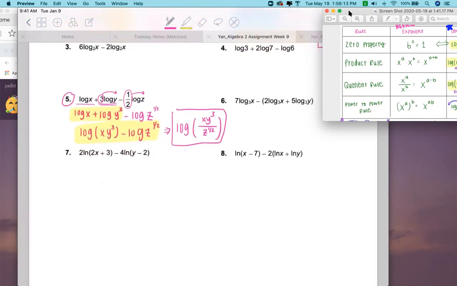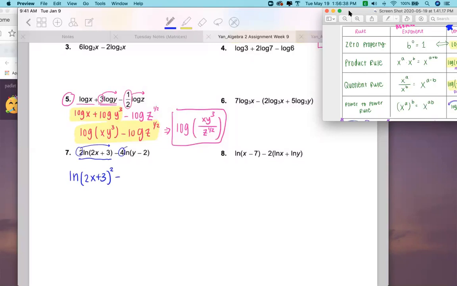Okay. Number 7. Okay, 7's a good question too. 7, it's ln, but remember ln's the same thing as logs. So if this is a log, I have a number in front, I still take this to the exponents, which is ln 2x plus 3, raise it to the second power.